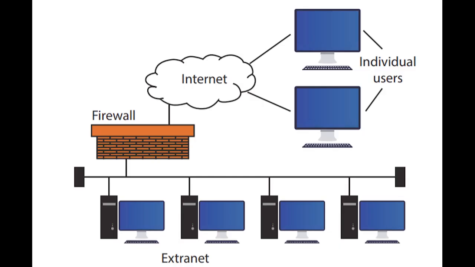Next one is extranet. Extranet means this is also a private network that uses internet technology and the private telecommunication system. This is used to share the information or data of one business with much security, right?